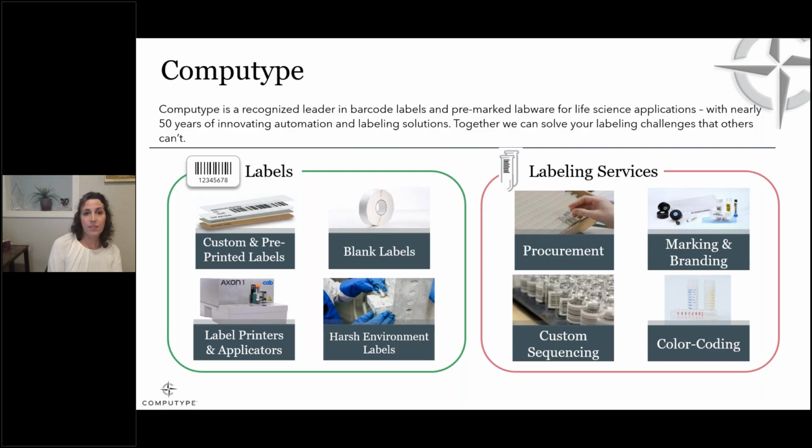So from getting you the right material to helping you with automation, and then if you want to get out of the labeling business altogether, we have a service where you can receive your required labware, marked or barcoded per your specification, delivered ready to use, guaranteed, where you don't need to worry about investing in equipment or managing inventory or purchasing a bunch of consumables.